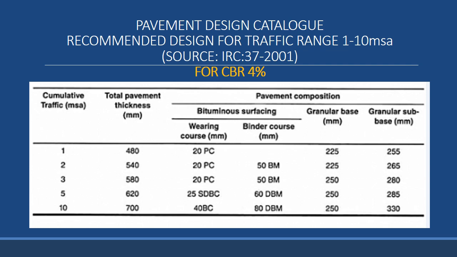One is the wearing course, then the next one is the binding course, both are bituminous surfacing. Then in the next column it is given as granular base, where the granular base values are given. After that a granular sub base column is also given. This is particularly for the CBR chart, for MSA from 1 to 10, and for CBR 4%.